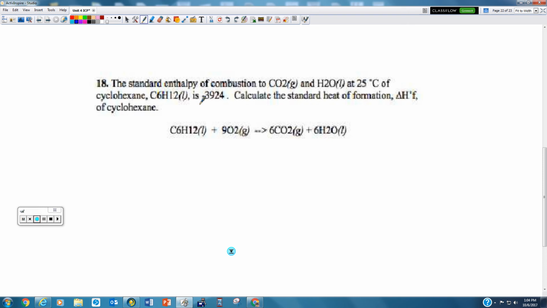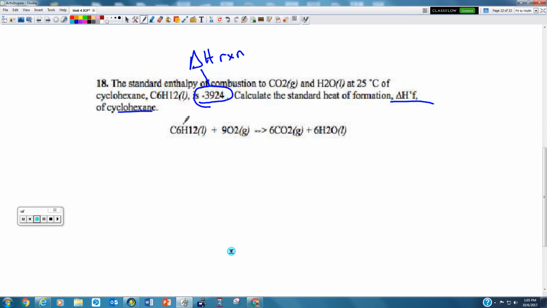So this number that we're given in the problem is actually the heat of reaction for the overall process of combusting cyclohexane. The standard enthalpy of combustion to CO2 and H2O at 25 degrees Celsius of cyclohexane is negative 3,924 kilojoules. Calculate the standard heat of formation for cyclohexane.